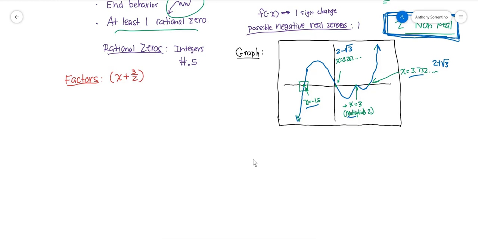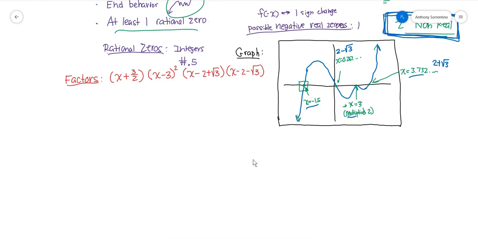That gives me x equals negative 1.5 as my zero. I'm going to have x minus 3 as a factor. I'm going to put a little square on that to indicate it has a multiplicity of 2. I have an x minus 2 plus the square root of 3 and x minus 2 minus the square root of 3.